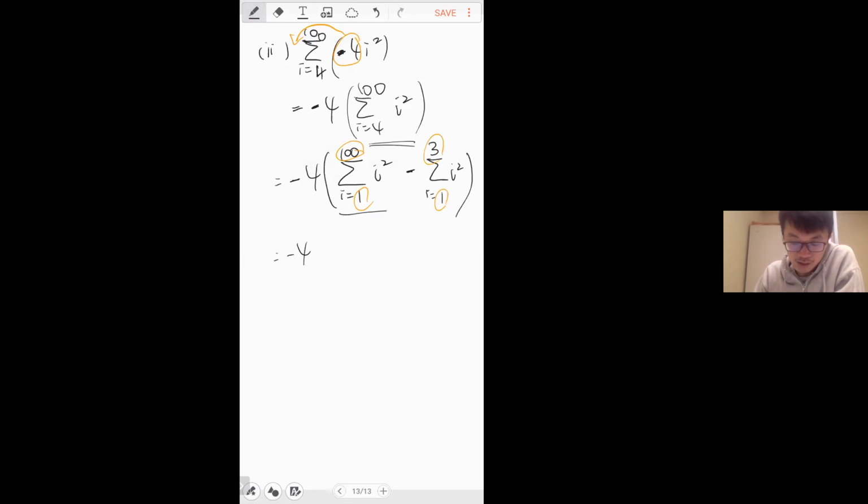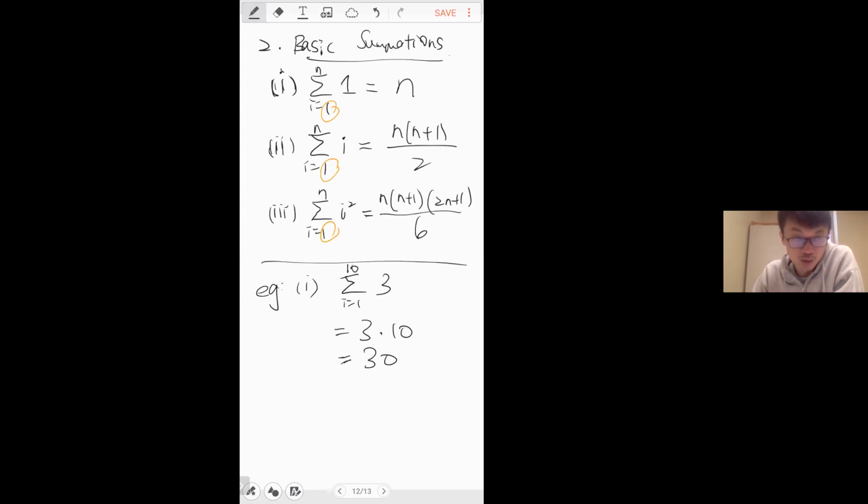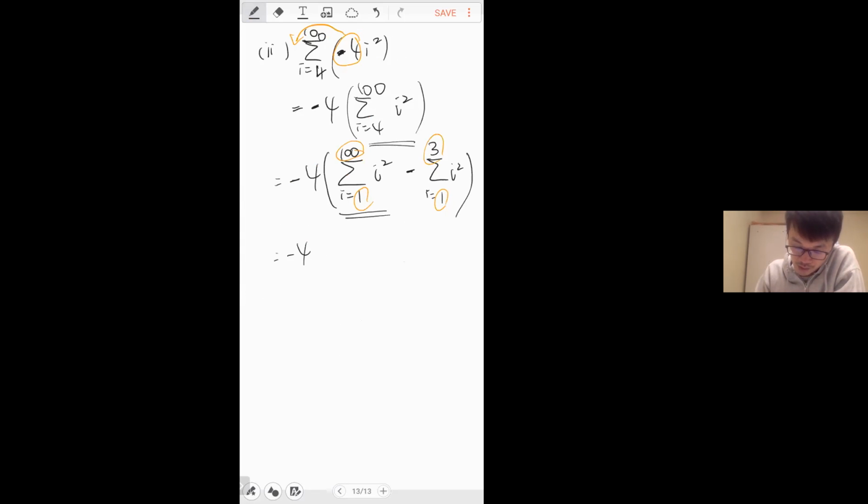And now you can use the formula. For the first part, you're summing from 1 to 100, so your n should be 100, and you're using the last formula here. So plug n equals 100 into your formula, you get 100 times 100 plus 1 times 2 times 100 plus 1 divided by 6. That's the first one.